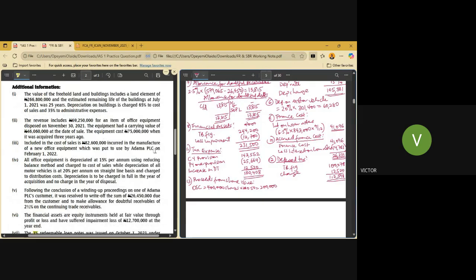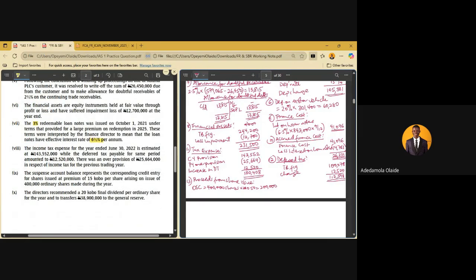Then the share premium, which is 400,000 shares multiplied by 15 kobo, will give us 60,000. So this represents the corresponding credit entry for shares issued at a premium of 15 kobo per share.